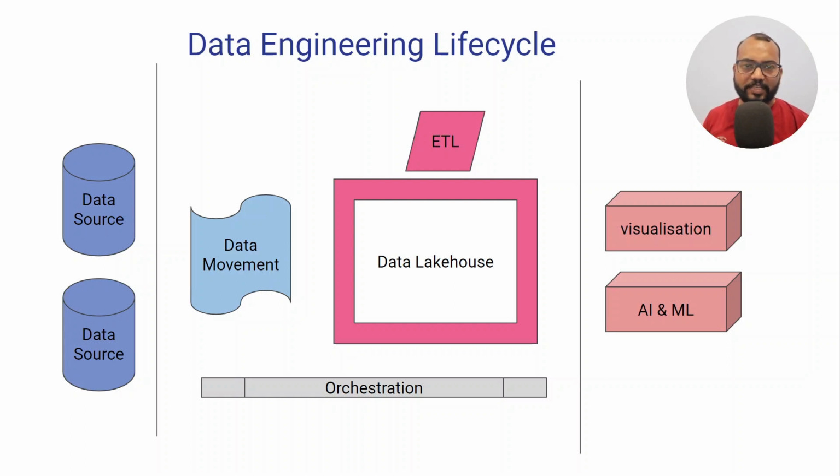One is data warehouse, and one is data lakehouse. There is a slight difference between these two terms, which we'll definitely discuss in our future videos. But for this, let's understand that there is a central system which holds the entire data.